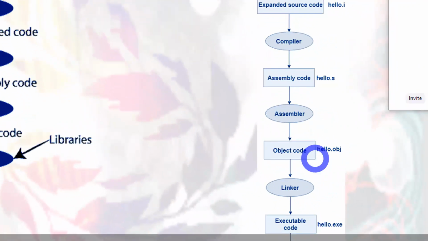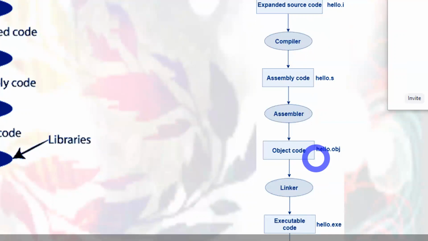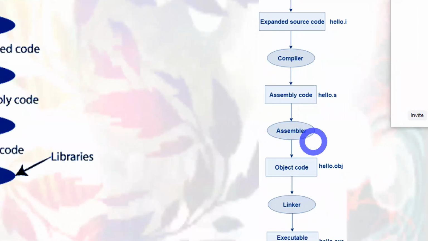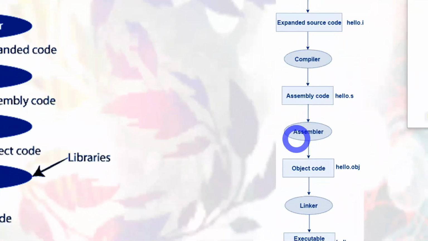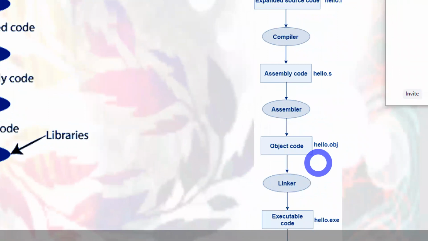Here I want to tell one point. C is machine independent but platform dependent. Why? Because the assembler is responsible to convert this assembly code into object code. We discussed in detail in the previous video session about assembly language and the functionality of the assembler.